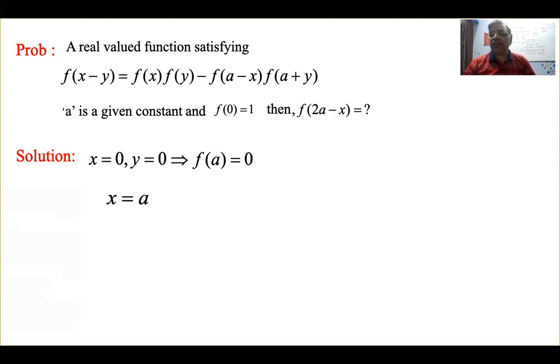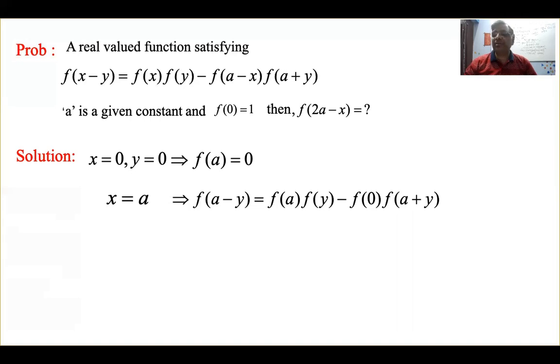In the given question, again you substitute x is equal to a, then f of a minus y is equal to f of a into f of y minus f of 0 into f of a plus y. Here f of 0 is equal to 1 is substituted, then we will get f of a plus y is equal to minus of f of a minus y.